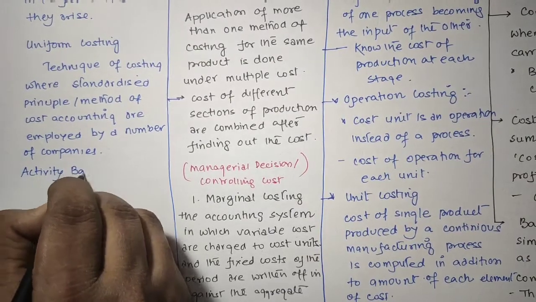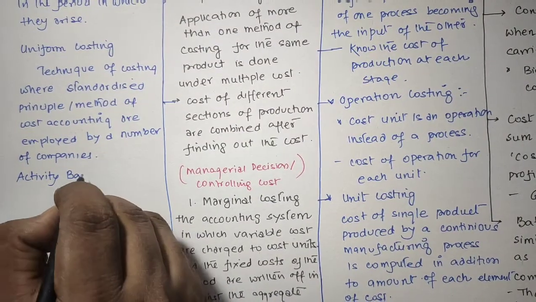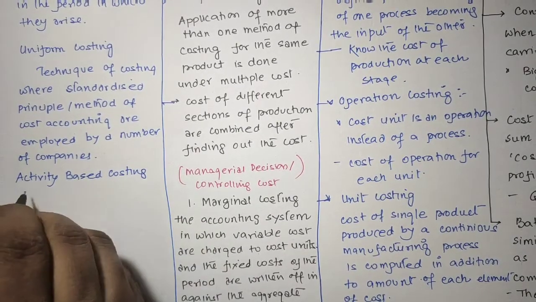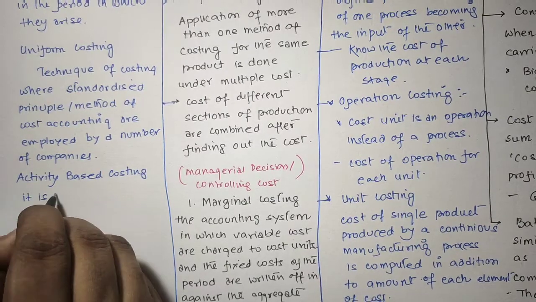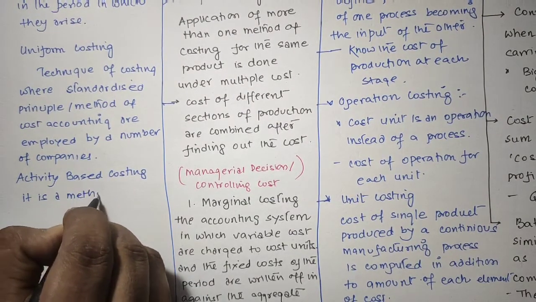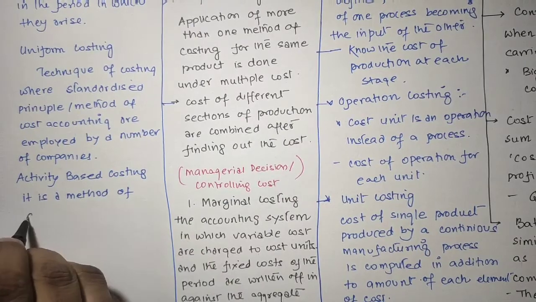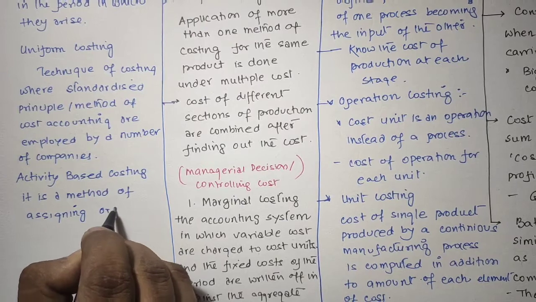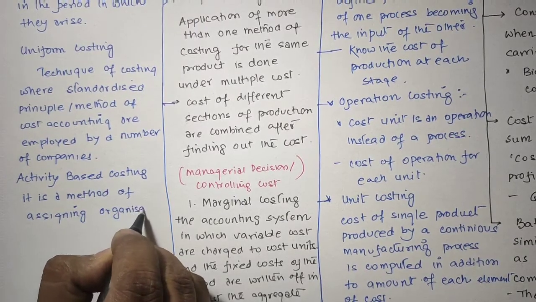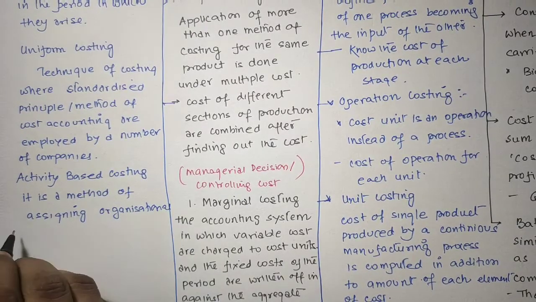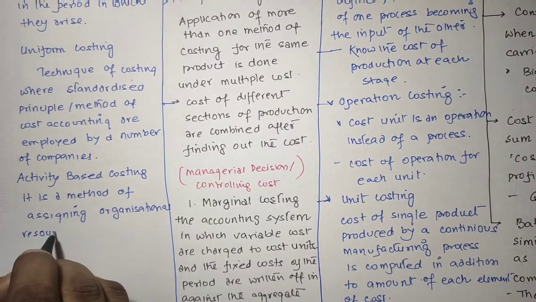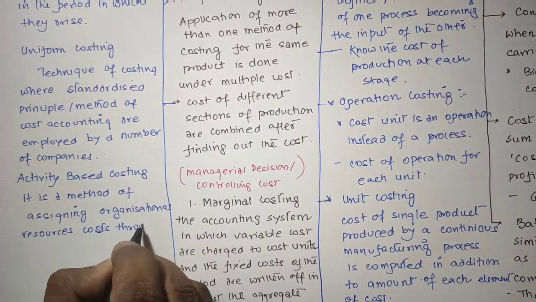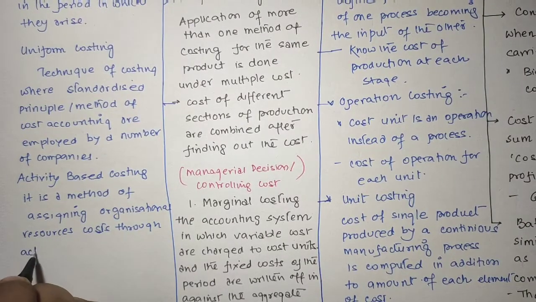The next one is activity based costing. It is a method of assigning organizational resources cost through activities.